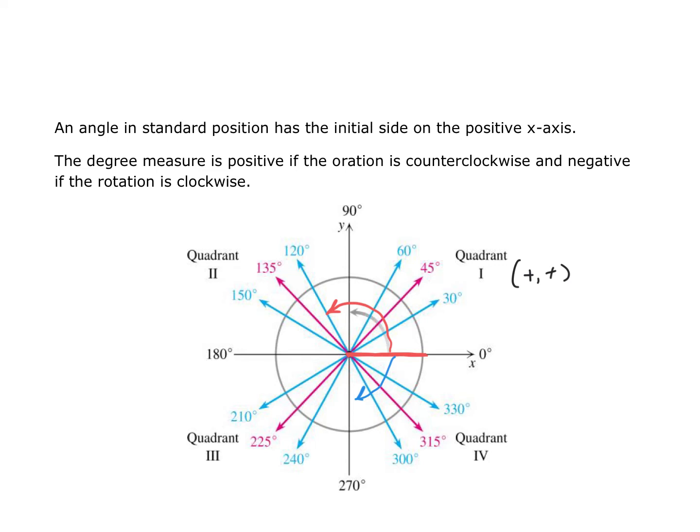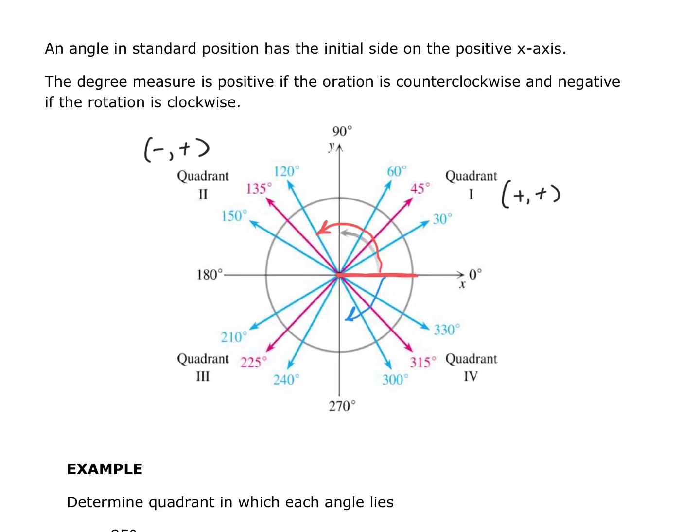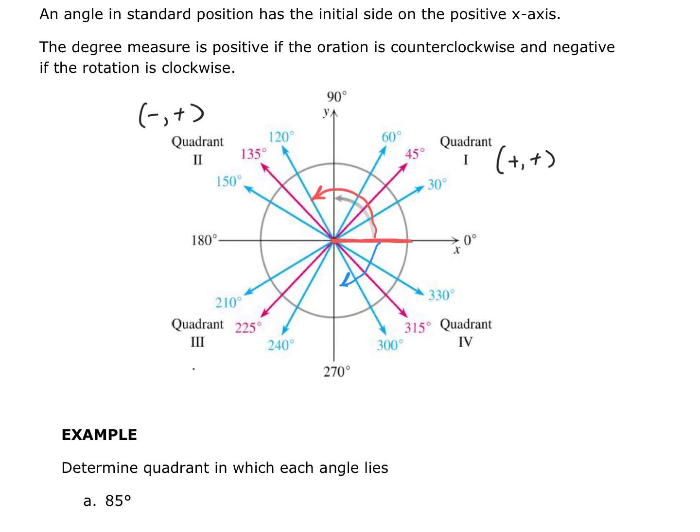And again, we label our quadrants going in the counterclockwise direction. In quadrant number 2, my x is negative and my y is positive. In quadrant number 3, both x and y are negative. And then down in quadrant number 4, I have a positive x and a negative y. And this is going to be really important in our next video.